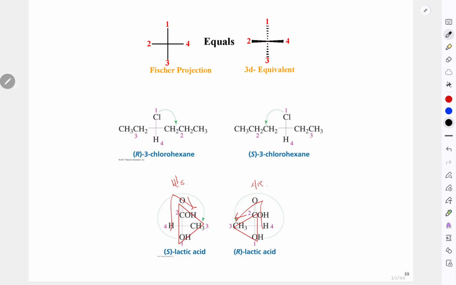So we can define this triangle and decide the directionality: the chloro, propyl carbon, and ethyl carbon. So this will give you the counterclockwise rotation. That's why this is S. You can do the same thing for the bottom one, and we can identify the S versus R character.